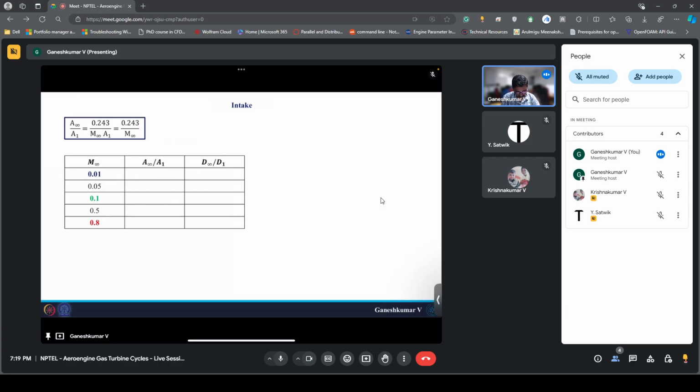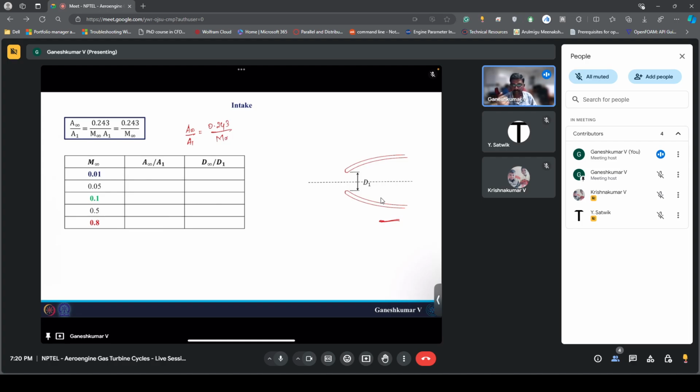So how would it look? Let's say this is your intake, on the right hand side here. So when we go from, let's say, 0.01, if I want to calculate how much it would be, what you need to do is clear, right? You need to find out A infinity by A1, which is nothing but 0.243 by M infinity.